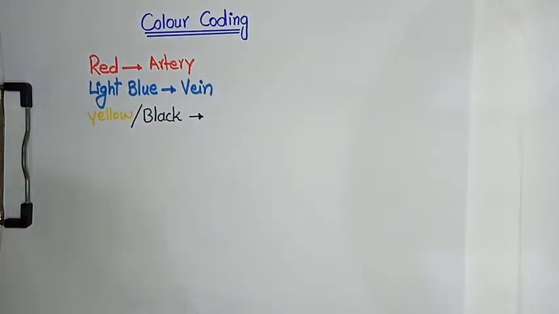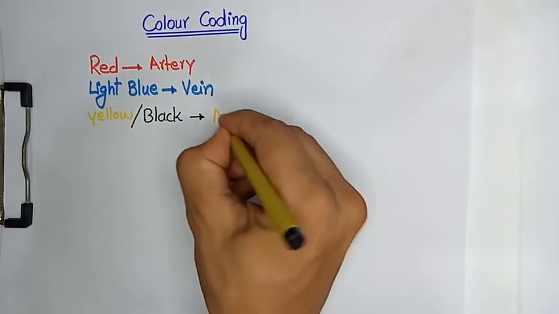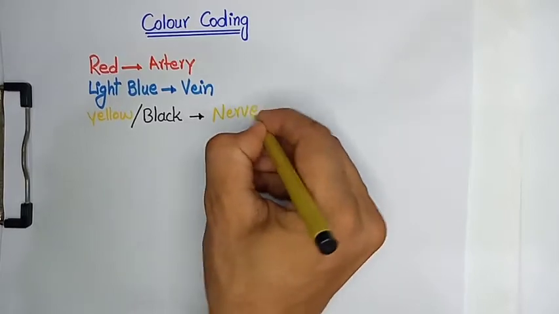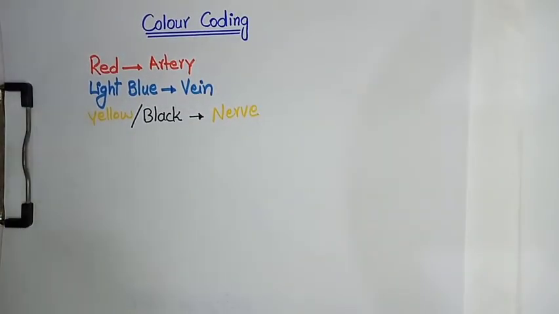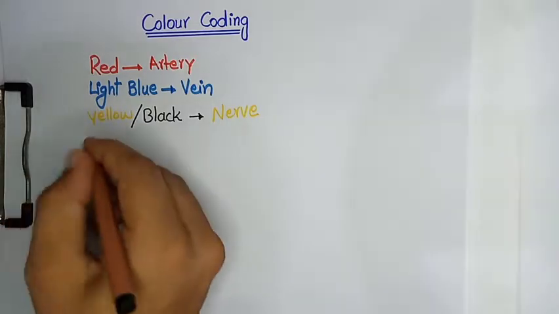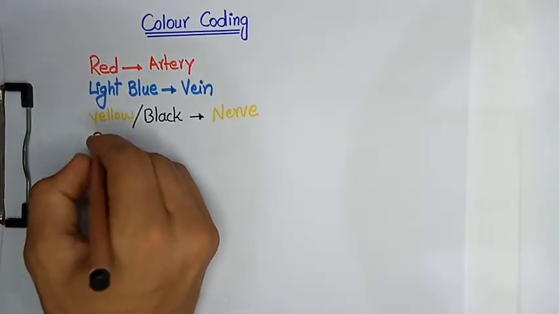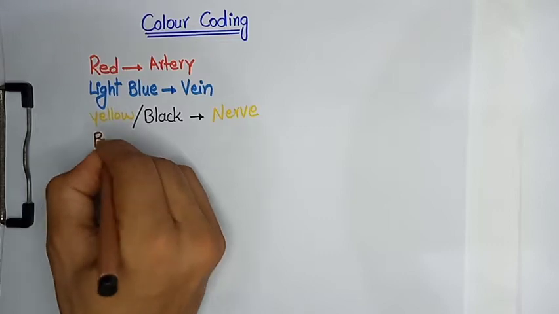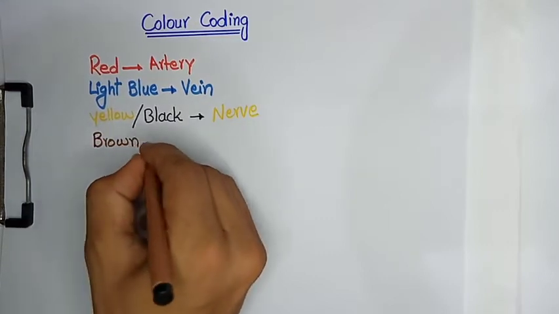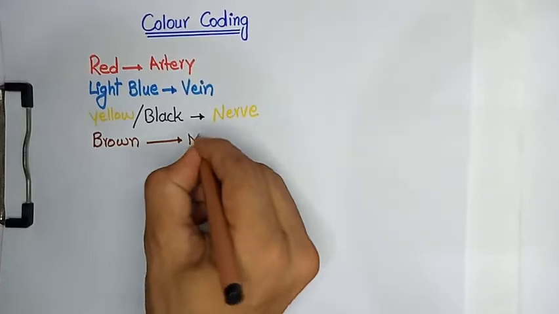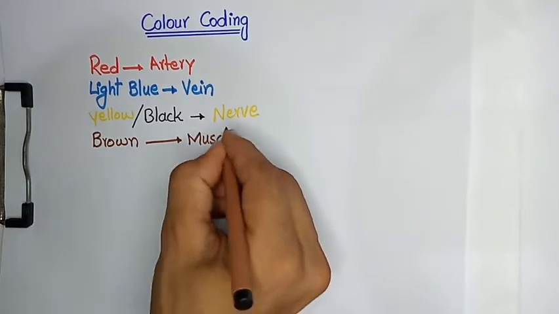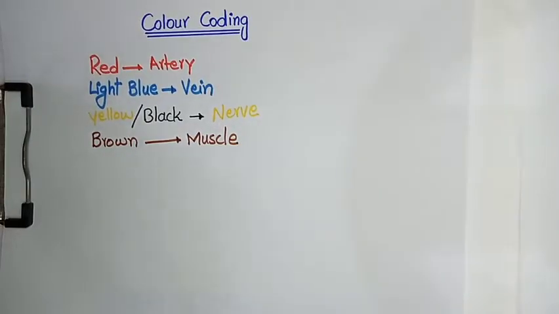The reason behind using black color to draw the structure of nerve is that the yellow color has less attention on the paper, so it makes unclarity and invisibility. Brown color is used to represent muscle.